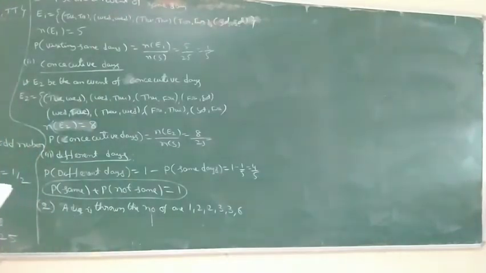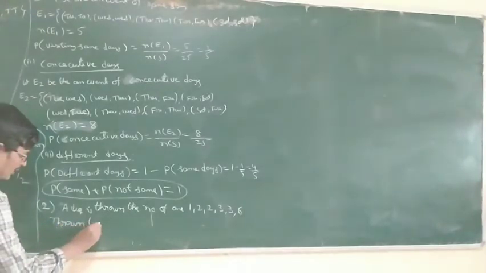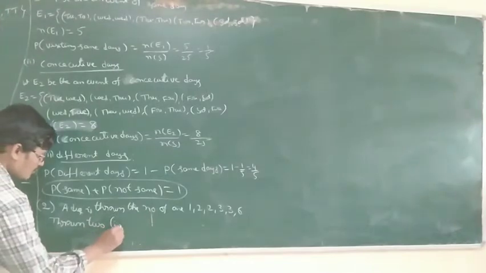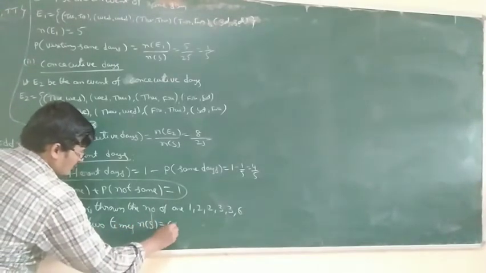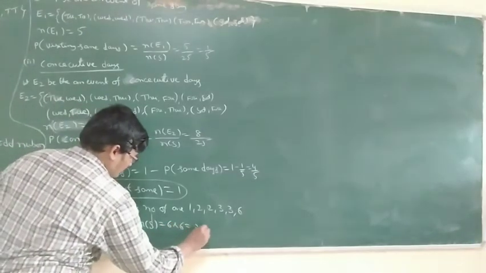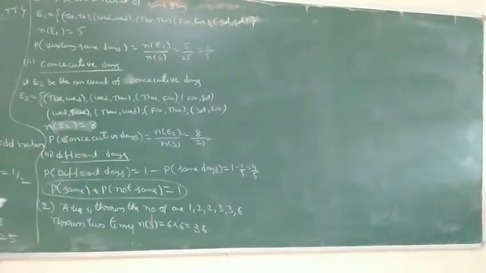It is thrown 2 times. Thrown 2 times means N of S is equal to 6 into 6 is equal to 36.